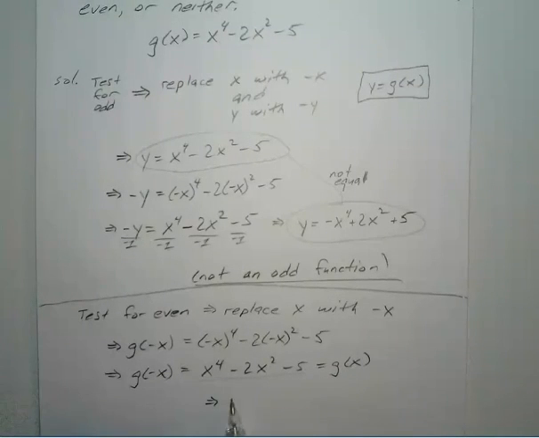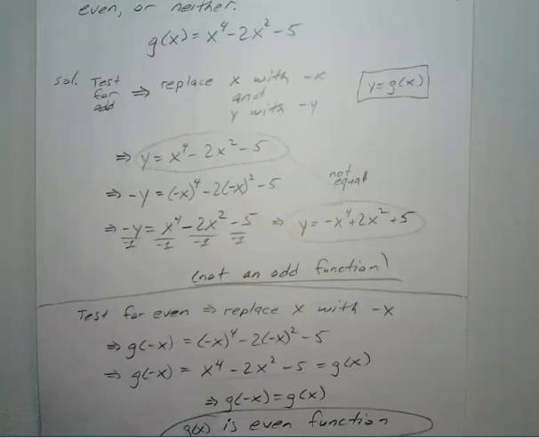So that lets us know that g of negative x is equal to g of x, okay, which means it's an even function. So g of x is an even function.